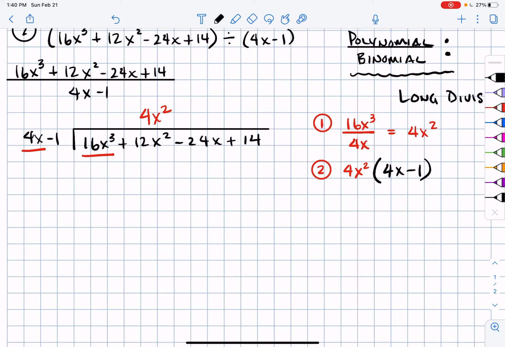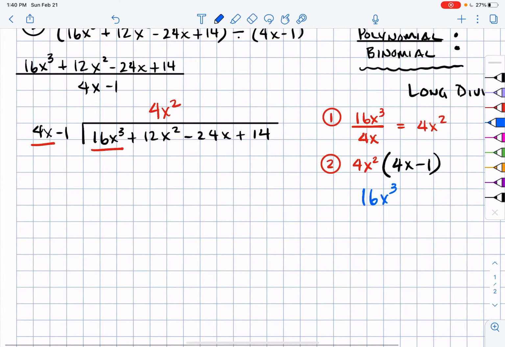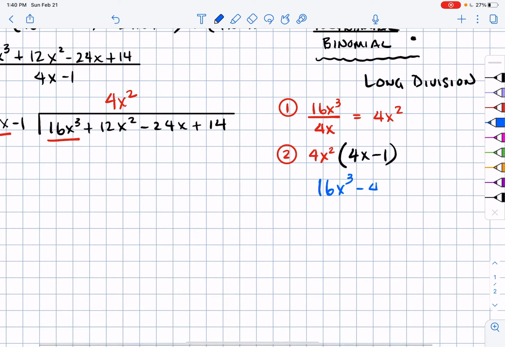So what do I get? I'm going to get 16x to the third minus 4x squared. So that is going to go right here, 16x to the third minus 4x squared.